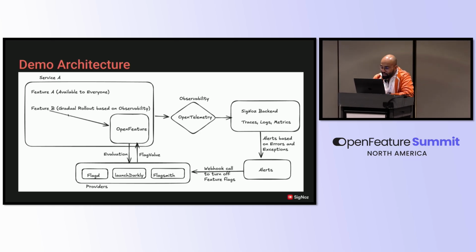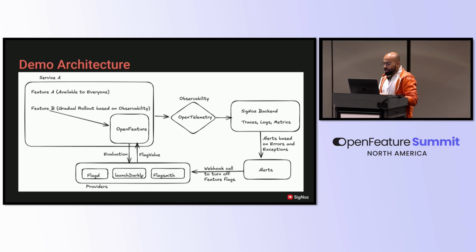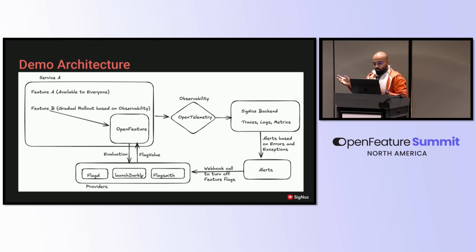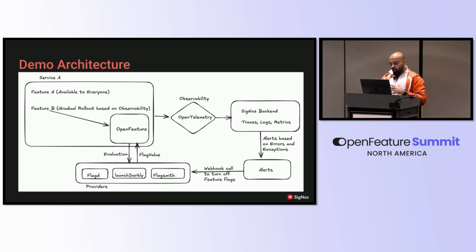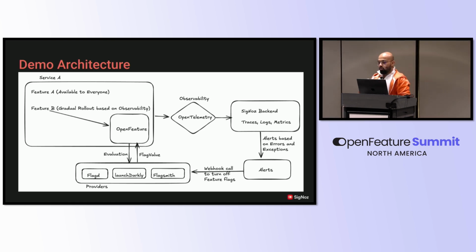Feature B is dependent on OpenFeature to check if the flag value is true or false. The flag value comes from flagd, LaunchDarkly, or whatever feature flag service you want. It gets me the value from that provider, does the evaluation, and sends the telemetry, the observability data, to the OpenTelemetry collector, and it goes to a backend.